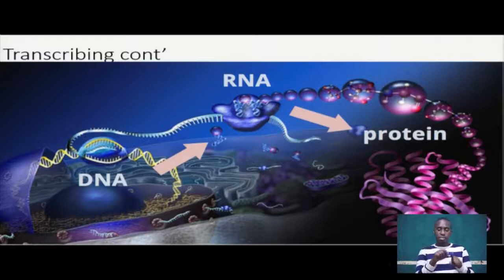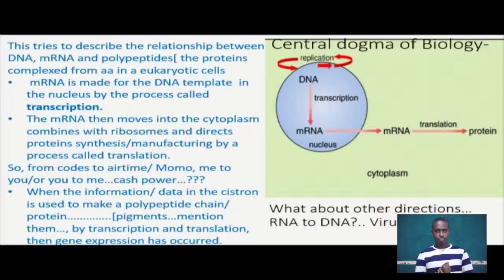So, what exactly do we have here? When we talk of the central dogma of biology, as the chart makes it so clear here, let's follow it together: DNA can have replication. So we have constant replication taking place here. All the time, cells are dividing, we need more copies of the DNA, so that each cell produced has a copy of the DNA.